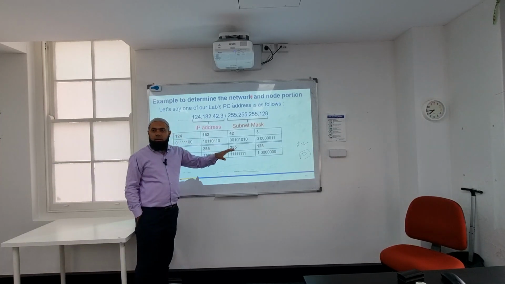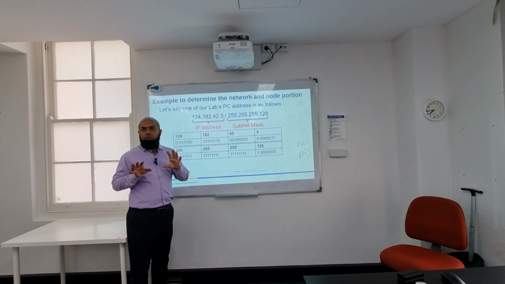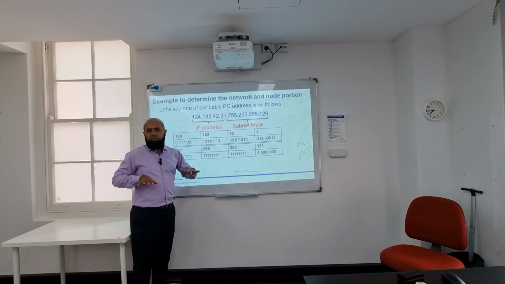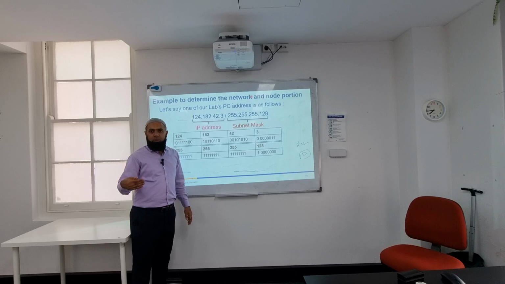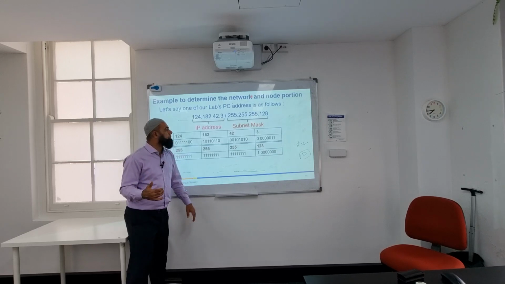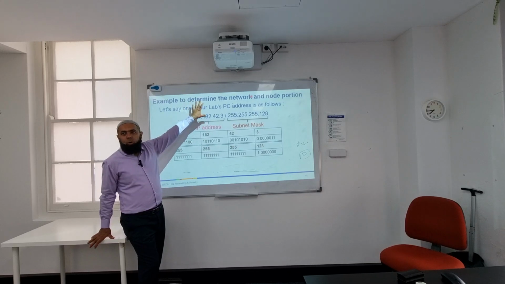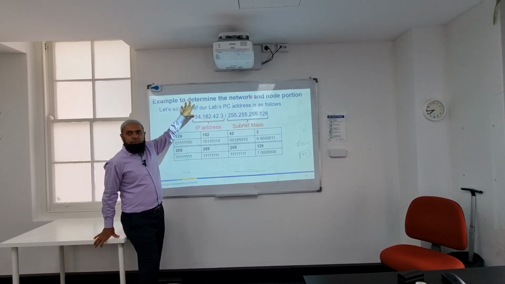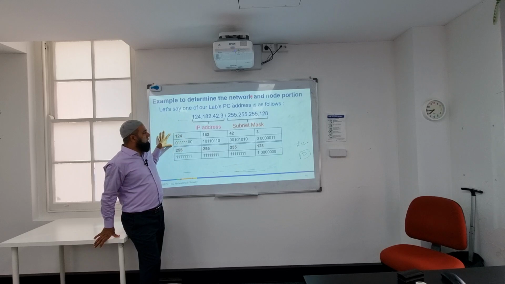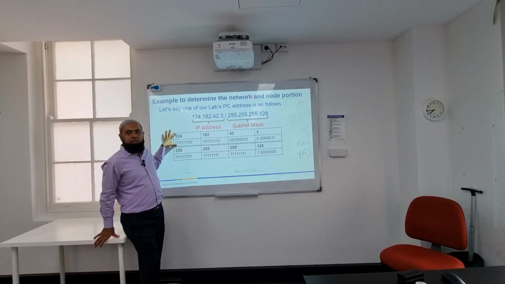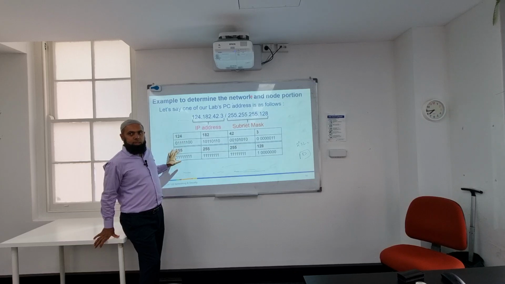Coming back, I'm actually moving with two different concepts at the same time, but at the end we will understand that. Right now we are looking at how to differentiate the node portion and network portion. First of all, write down your IP address in binary form and the subnet mask in binary form. Done.